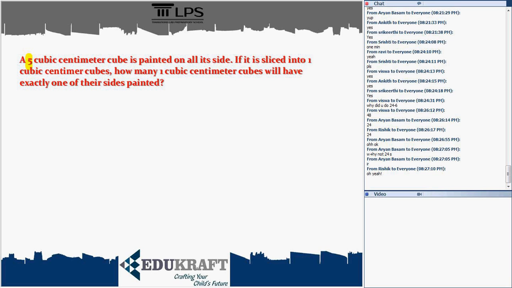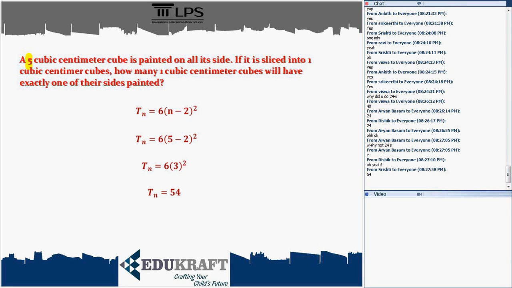Recall what was the formula for one of the sides painted? That is 6 times n minus 2 the whole square, 9 and 54. This question's answer is 54.